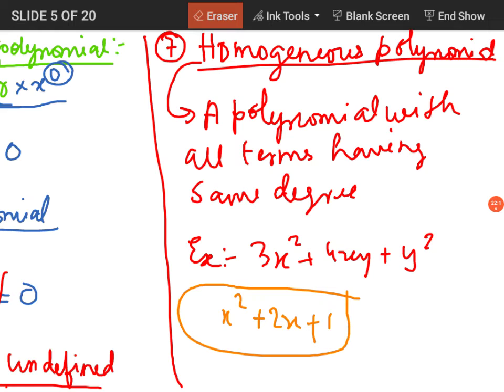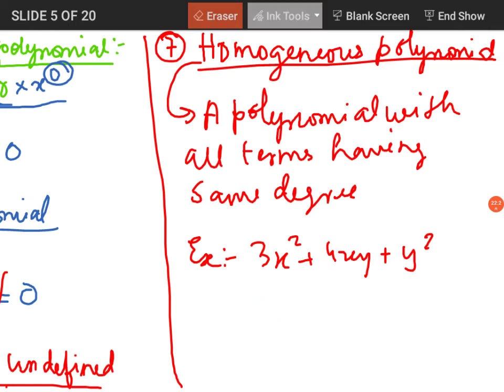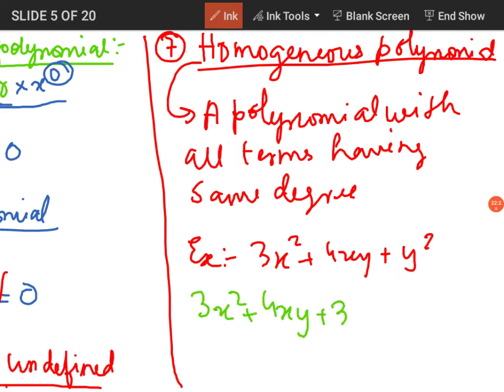But it is useful when we take a polynomial of two variables or three variables. For example, 3x square plus 4xy plus 3z square plus 5y square plus 6yz. Correct? So see, all the terms have the same degree, so this is a homogeneous polynomial.